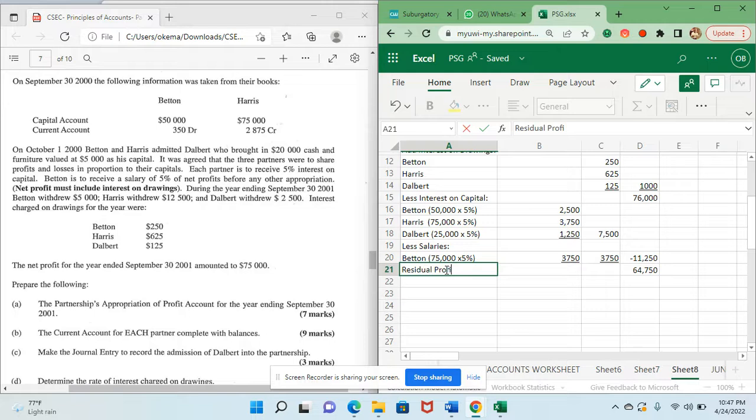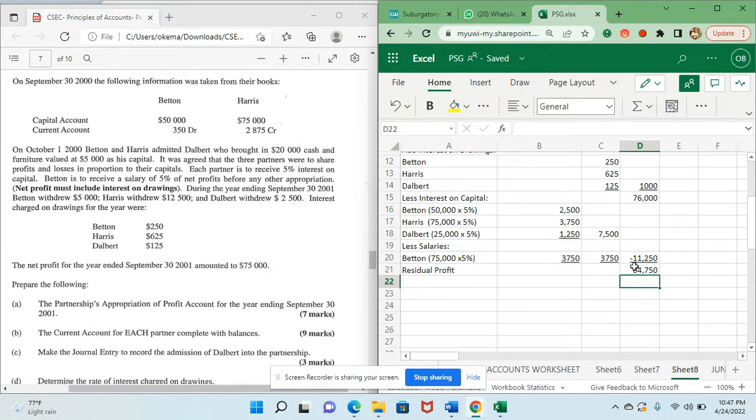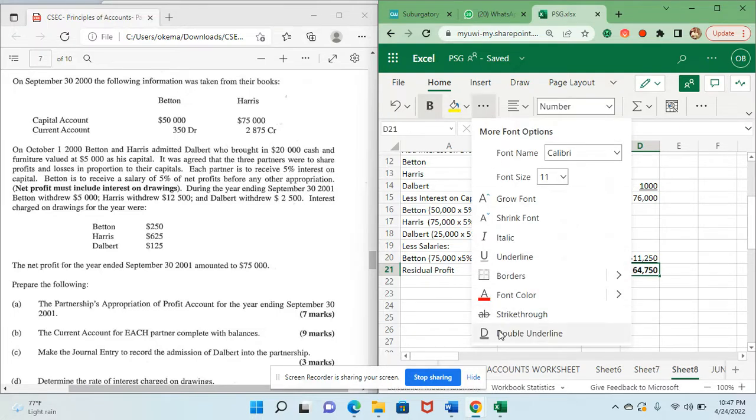And as we know, the word residual means something that's left behind, right? So this is our profit that is left after all our deductions. Okay, so that part ends there.